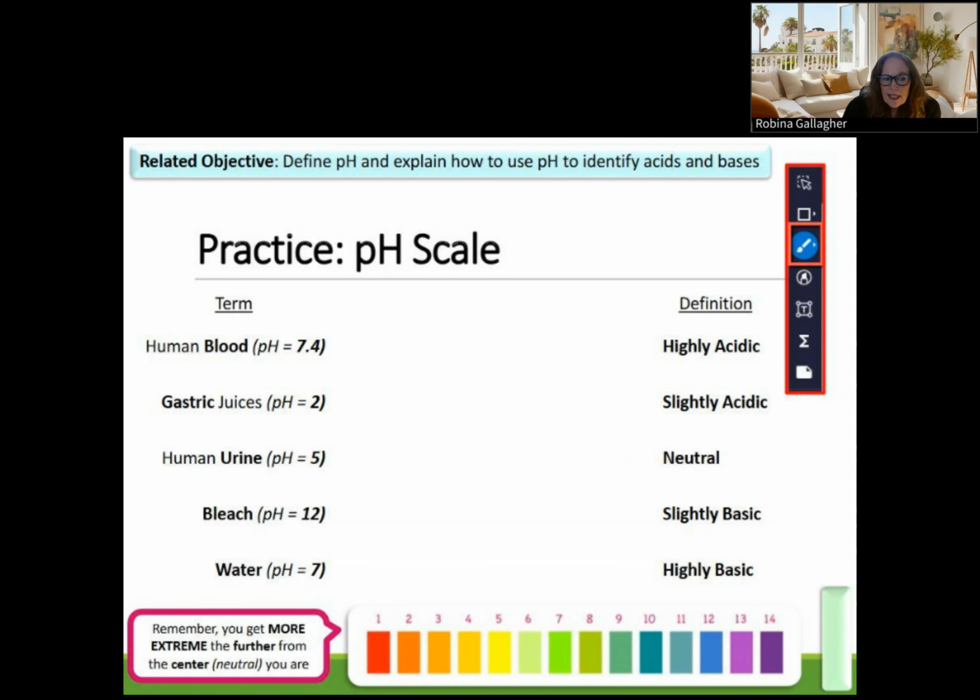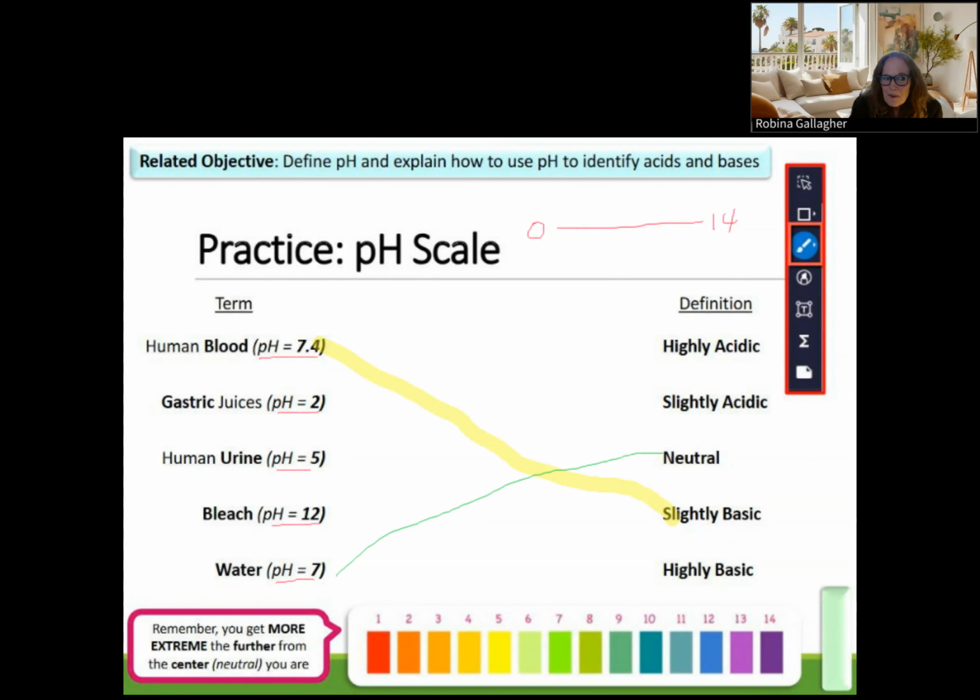Look at their pHs. So here's pH 7.4, here's pH 2, pH 5, pH 12, and pH 7. The scale goes from 0 to 14, right?